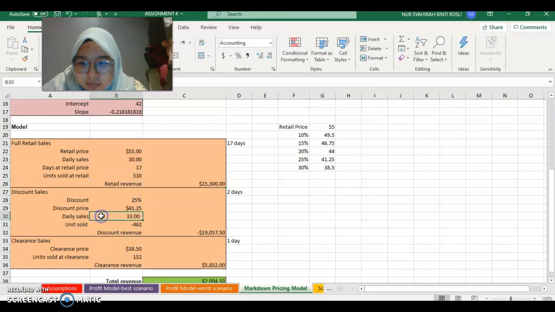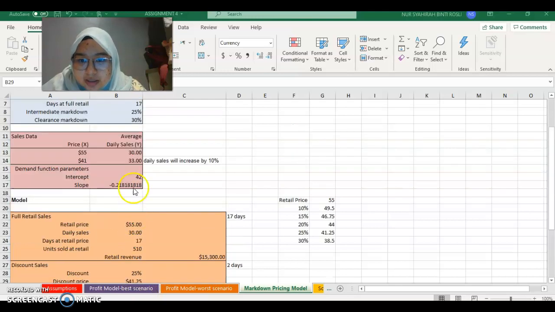And for the discount sales, the discount that I do is 25%, and the discounted price is 41 ringgit and 0.25 cents.